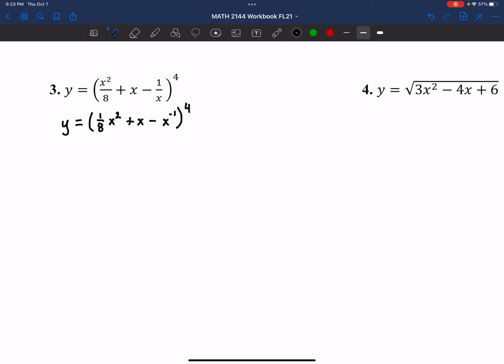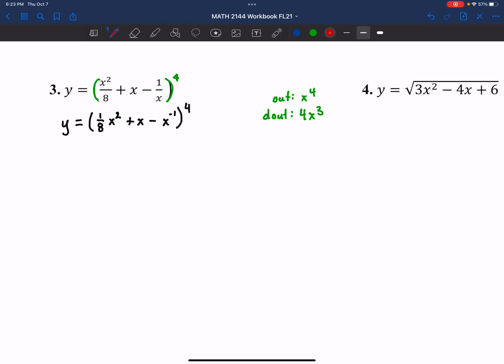So now that I have that, I may be able to more easily identify my inner function and my outer function. Let's start with the outer. My outer function is this quartic function, so the outer is going to be x to the 4th. The derivative of the outer is going to be 4x cubed.